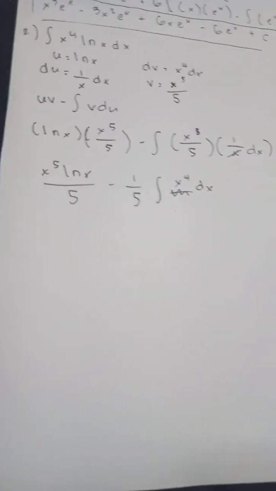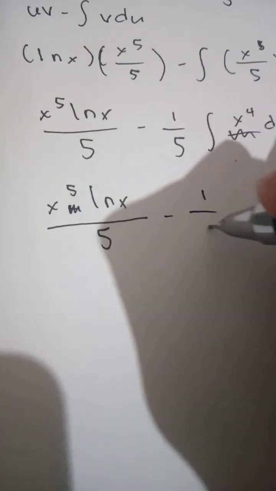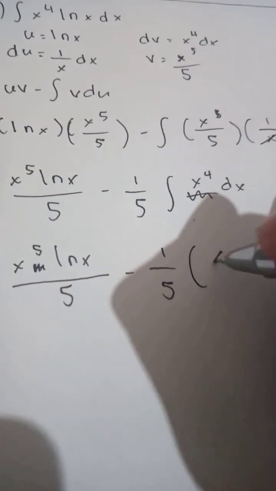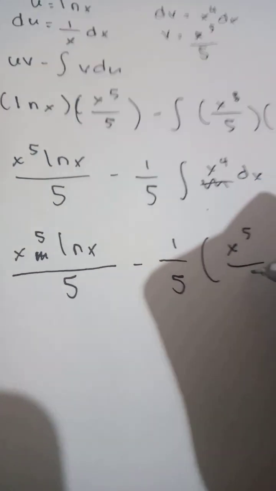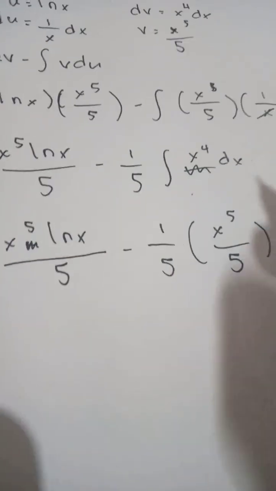And then we're going to integrate them, so we're going to come out with x to the 5th ln x over 5 minus 1 over 5. The integration of x to the 4th is x to the 5th over 5, then plus c.